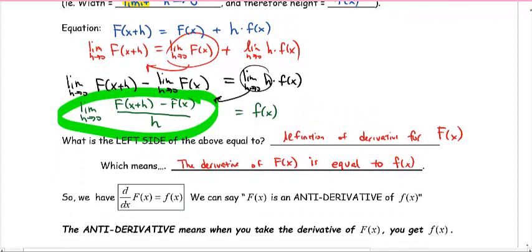And voila. There we have it. So the derivative of the capital F of x function, which is the area underneath the curve, is actually equal to the original function. And therefore, if we want to say it the opposite way, we can say that capital F of x is the antiderivative of f of x. There you go. There is your proof.